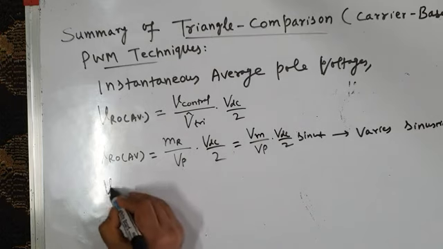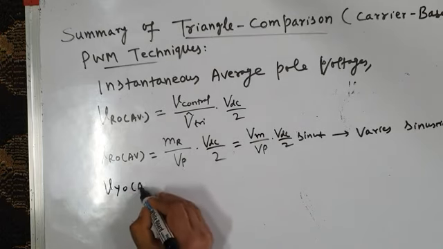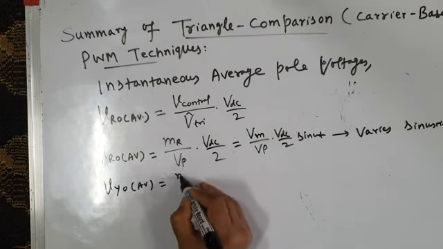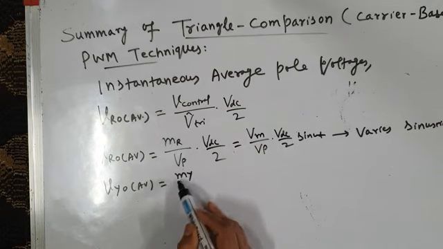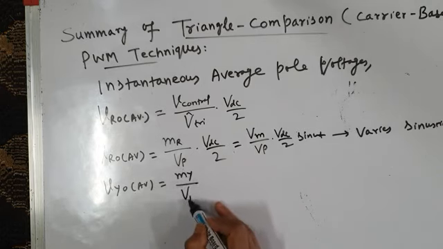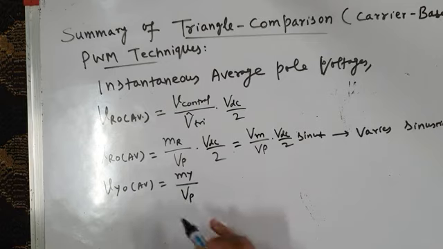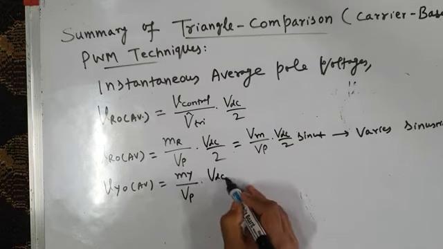Similarly, the instantaneous average value of pole voltage VYO average will be equal to MY, the modulating wave or target reference wave for phase leg Y, which gives pole voltage VYO. So MY by VP, where VP is the peak of the triangular carrier wave, into VDC by 2.